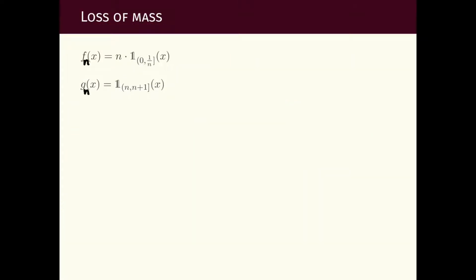Now here is another way we can lose mass. Consider now this function. I'm adding an index n here to make it easier to talk about it. This function gn takes value 1 on the interval between n and n plus 1.